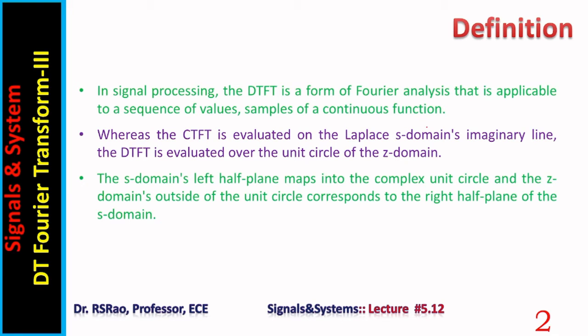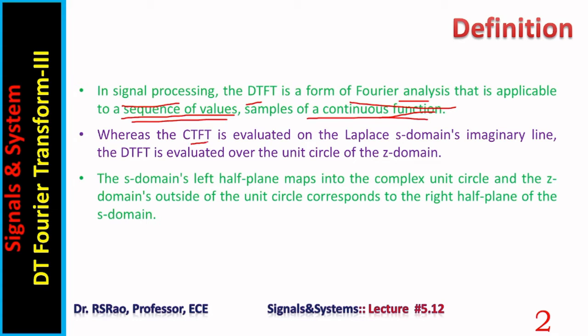A few significant points pertaining to DTFTs. In signal processing, the DTFT is a form of Fourier analysis that is applicable to a sequence of values representing a discrete time signal. This sequence may be samples of a continuous function.